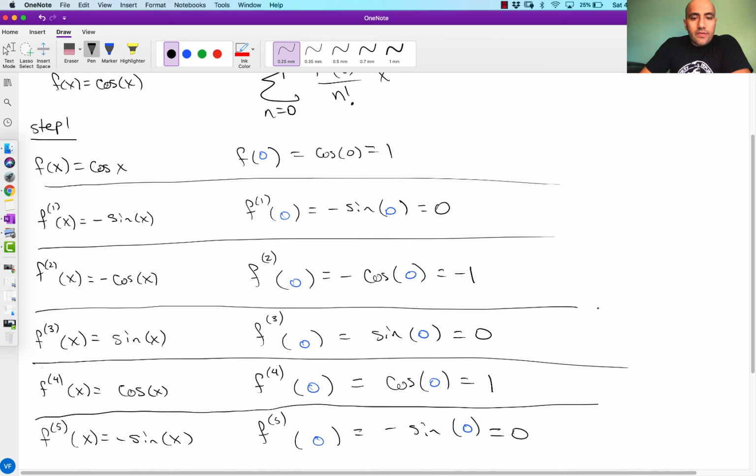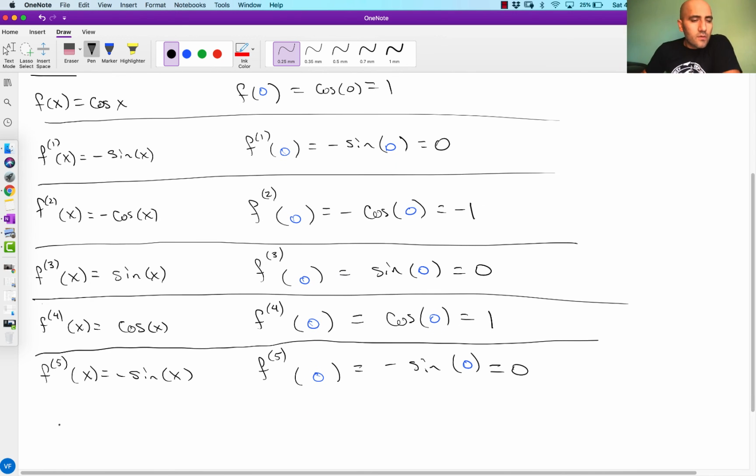Okay, this is going to be a pretty tricky pattern. So you know what? I want to go one more just to really see what's going on with this pattern, because it's really kind of baffling me a little bit. Okay, so let's go out one more term. So f of 6, the sixth derivative. Well, we're still going to keep this minus.